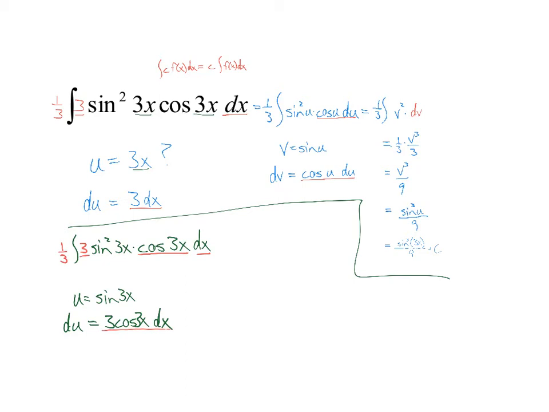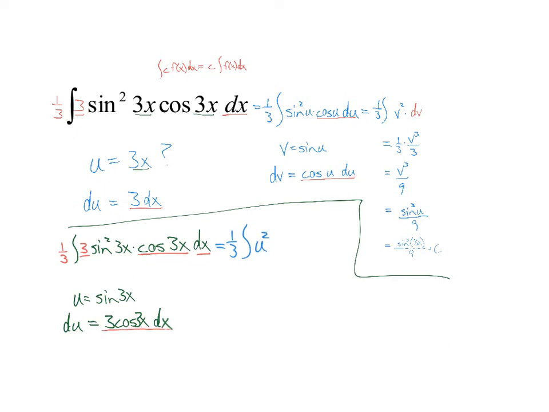But notice what I have at this point is, I would rewrite this as 1/3 times the integral of sine of 3x being squared. Well, sine of 3x is u, so that's a u squared.